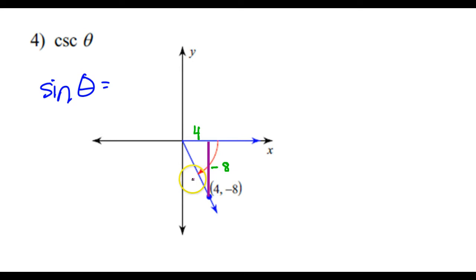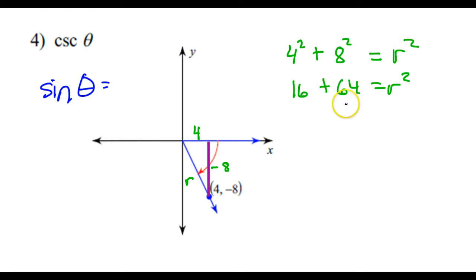But once again, we need the hypotenuse, which you can think of as the radius of a circle. So a squared plus b squared equals c squared. So we're talking about 4 squared plus 8 squared. I'm ignoring the negative because I know it's going away anyway. Equals the radius squared. That's going to be 16 plus 64 is equal to the radius squared.